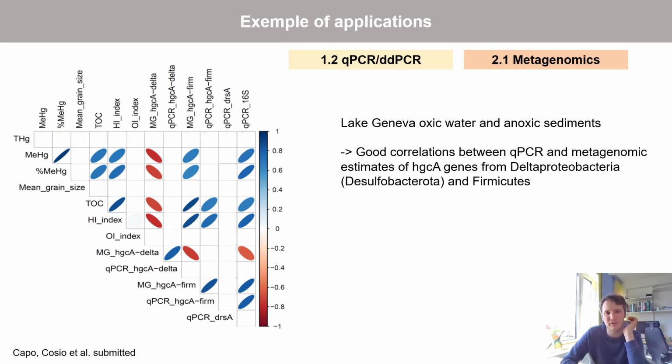Luckily, we did that for both Deltaproteobacteria, so the Desulfobacterota, and also Firmicutes. When you look at MG hgcA data and qPCR hgcA data, you see a positive correlation. And same for MG hgcA Firmicutes and qPCR hgcA Firmicutes. Those correlations show that the qPCR and metagenomic estimates of hgcA gene abundance are quite consistent between them. This is very interesting to know.